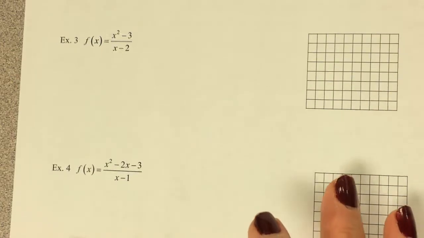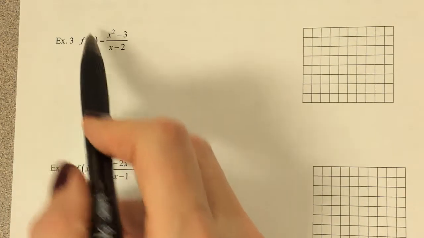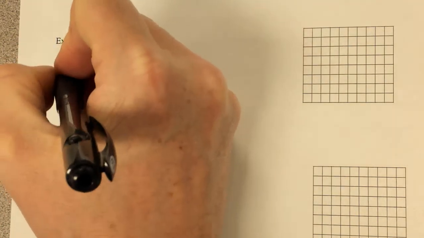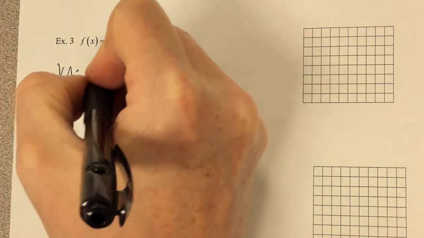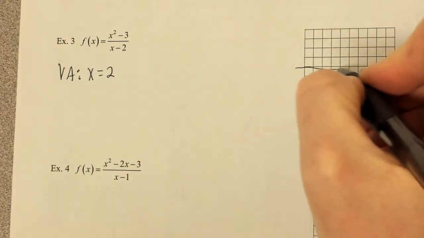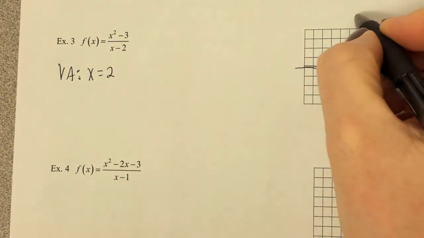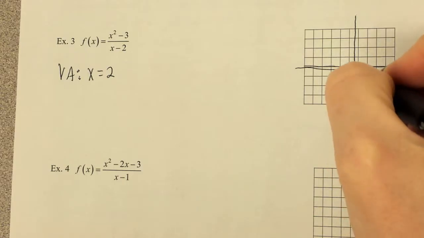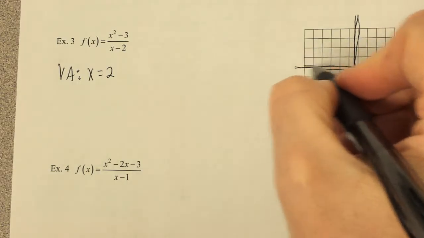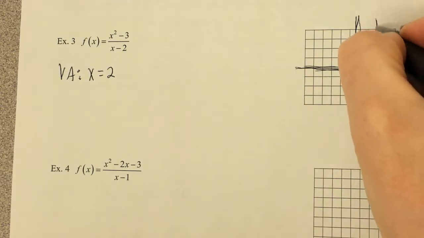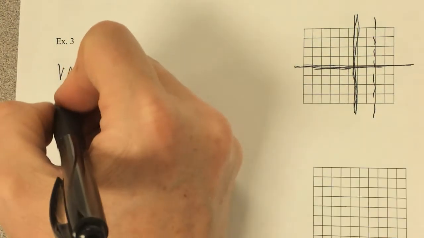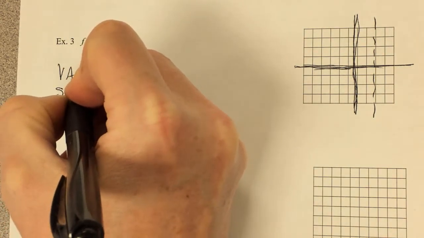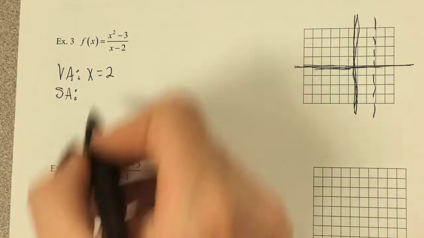So for example 3, I'm going to first of all find the vertical asymptote. Abigail, what is it? X equals 2. We're going to graph as we go. So there's our asymptote. Okay, let's find some other stuff now. We should find our slant asymptote. However you like to do it the best, I think that the synthetic's easiest.